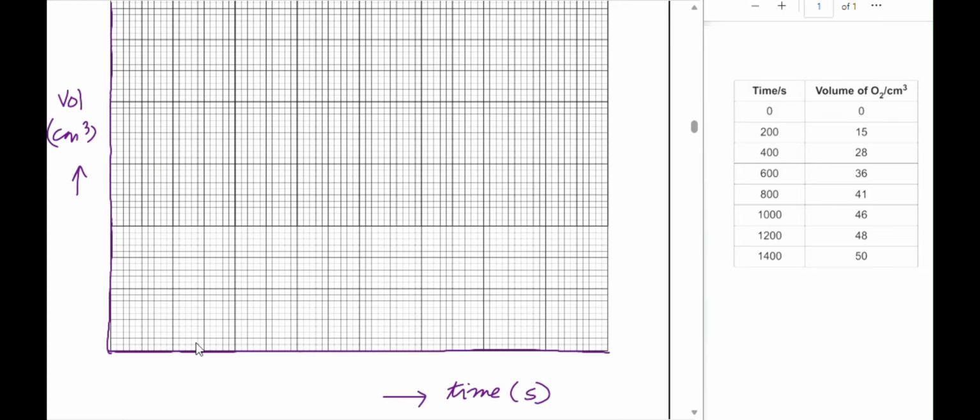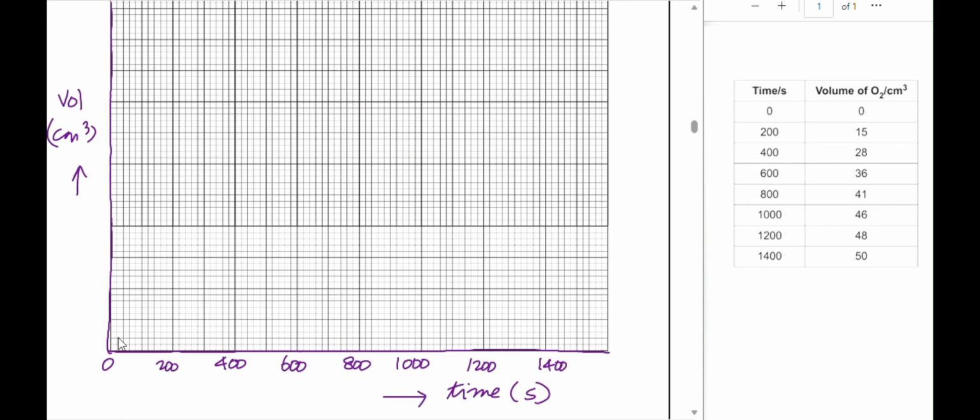Okay, so to select the scale, we should have time from 0 to 1400. So let's do 0 here, 200, 400 goes up in 200s, 600, 800, 1000, 1200, 1400.